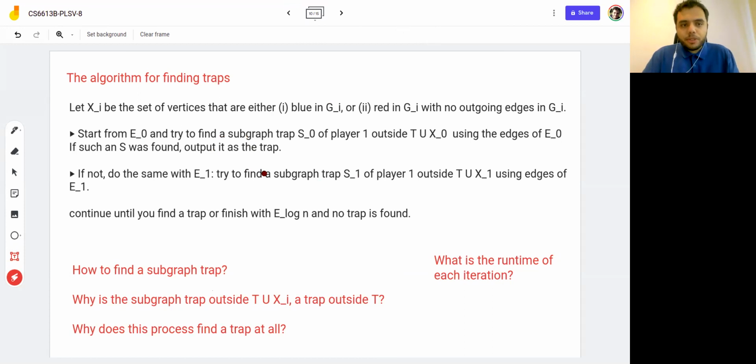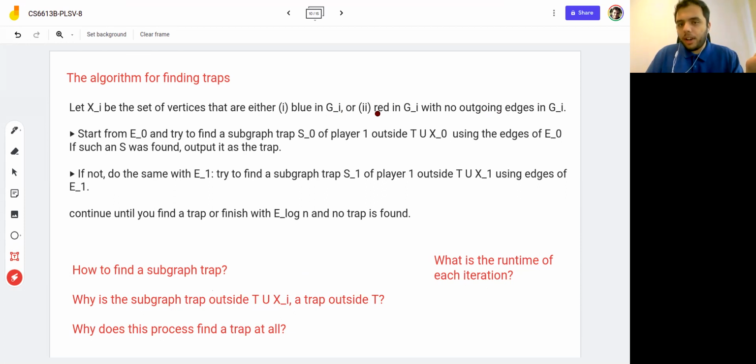But the traps that we're going to find are a bit different. So here's the idea. Let's say that I have a set Xi, and let's say Xi is the set of vertices that are either blue in Gi, and this means that this was a high degree vertex belonging to player 1, or vertices that are red in Gi but have no outgoing edges.